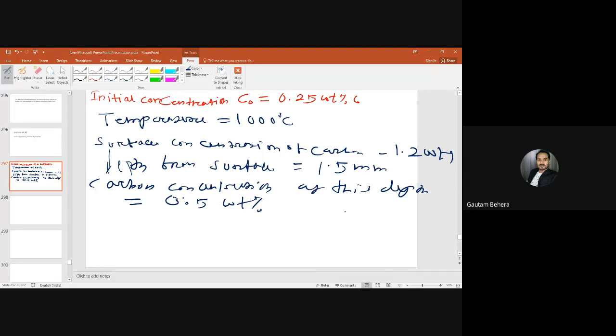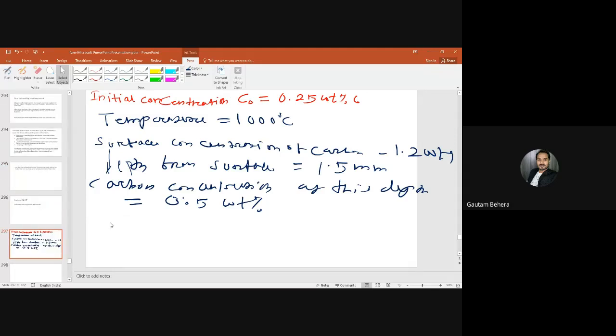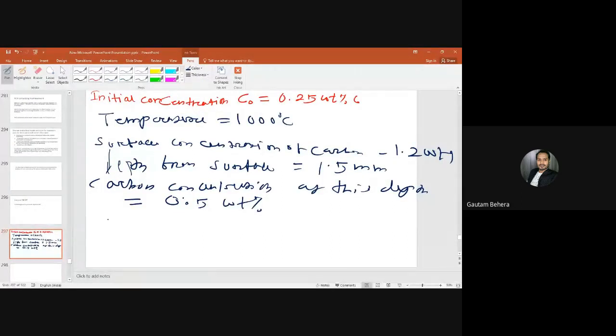So the question is the time t. We need to find out t. How much time will be required to get 0.5 weight percentage of carbon at a depth of 1.5 mm?